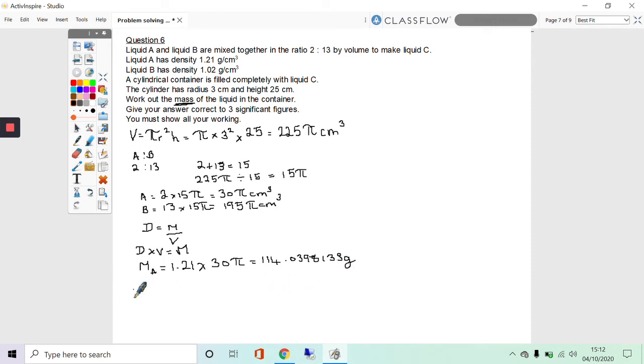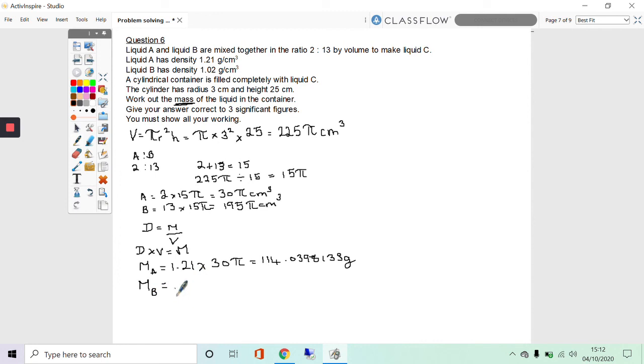It's really important not to round any of your numbers until the end, because then your answer may not be accurate enough to gain the accuracy mark. So never round anything until your final answer, unless you're told to.